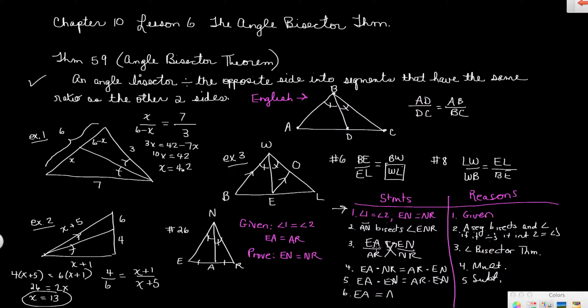Oh okay, I'm fine. I just substituted wrong at the top. Hold on, let's go back up here. I just substituted differently than I did initially. So we're going to get EA times NR.